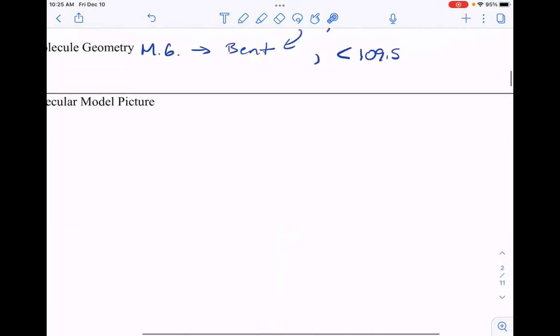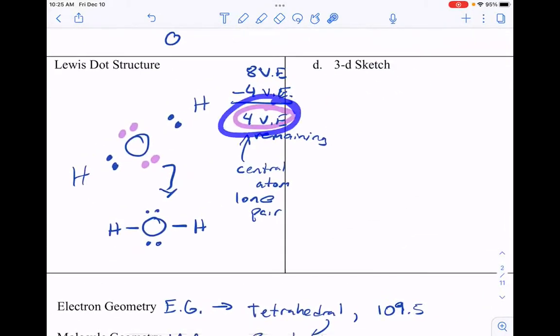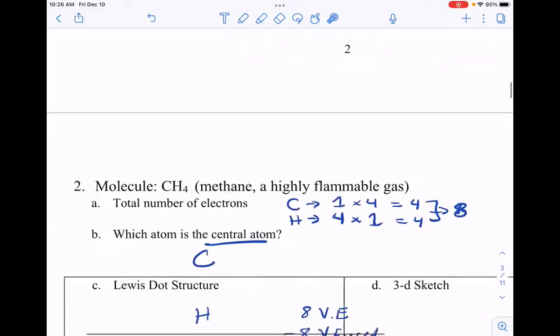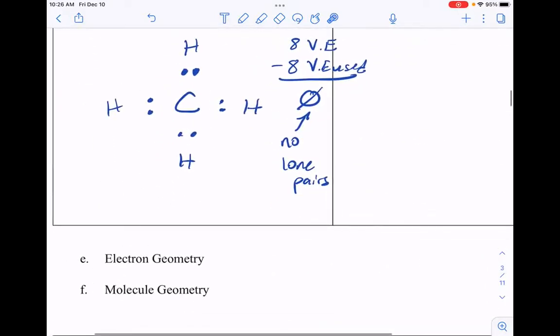And so if the previous calculation shows 4 valence electrons, in other words, 2 lone pairs, then you must have 2 lone pairs on your central atom at the very end. Sometimes I see students do weird things and create double bonds and triple bonds that are not supposed to happen, and it's not reflected in their initial calculation. So just some things to keep in mind.